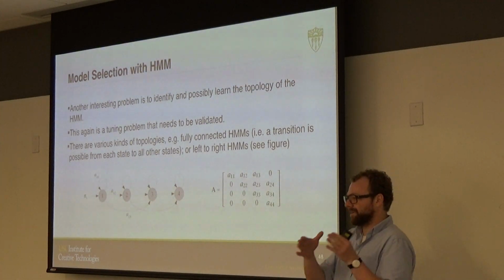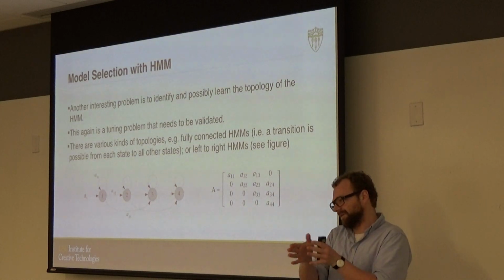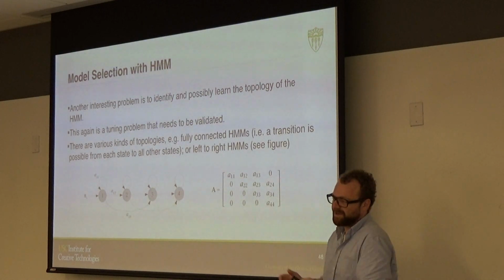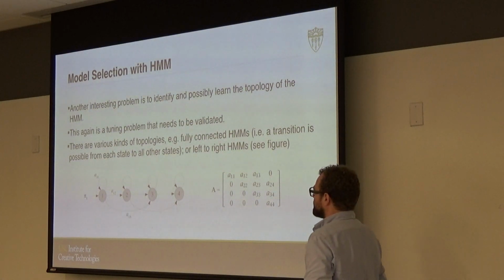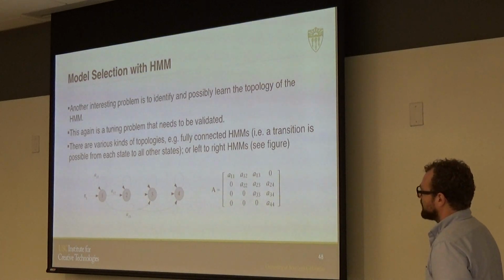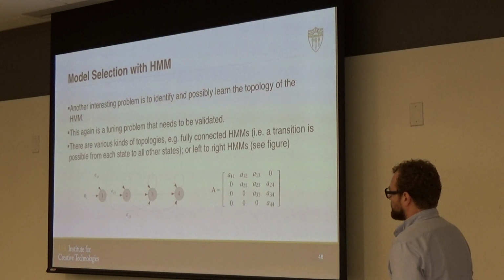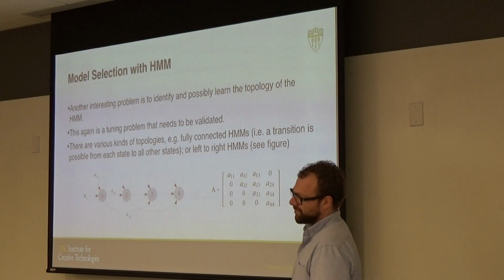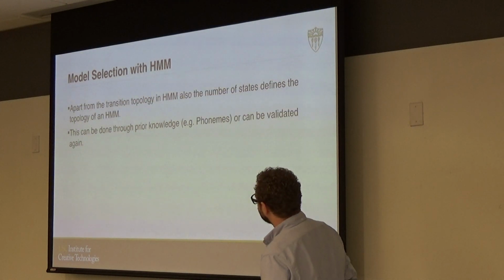Okay, like phonemes work like this: there's some start part, some middle part, some end part, and you could try to find a meaningful architecture that way, or otherwise just try out different types of architectures.